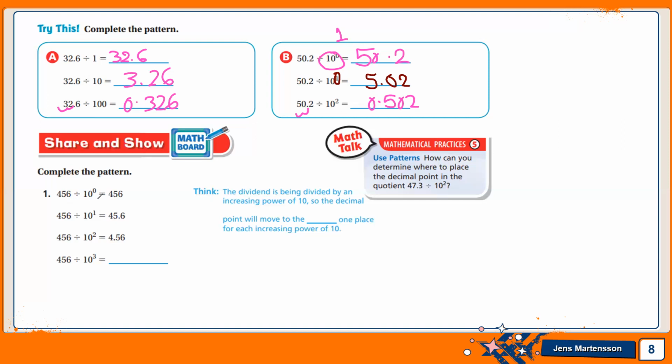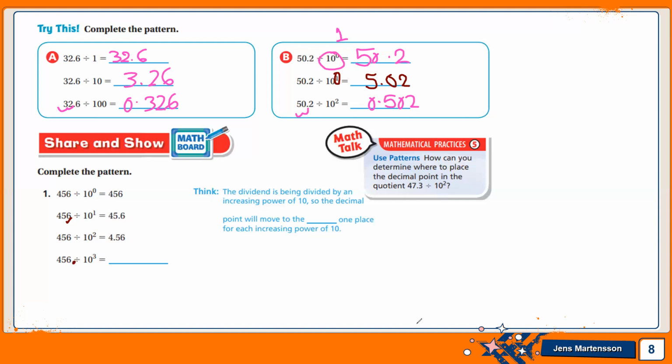Here, see, 456 divide by 10 to the power of 0, you keep it as it is. Divide by 10 to the power of 1, you move the decimal point 1 digit. Divide by 10 to the power of 2, you move it 2 digits. What about dividing by 10 to the power of 3? Here is the decimal point.